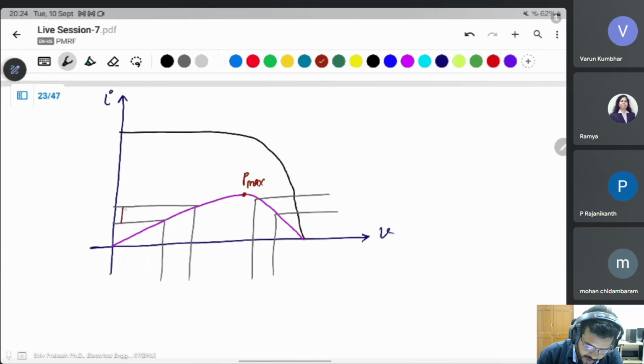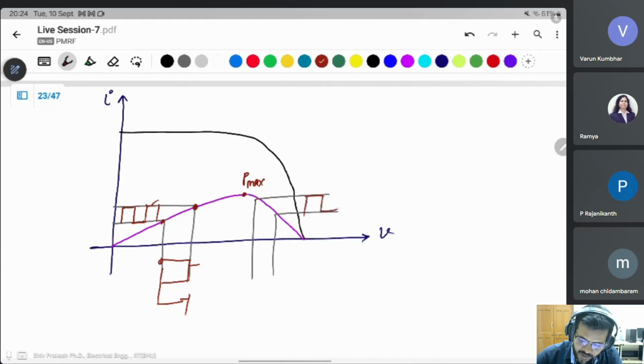If the current is flowing like that, on off, at that current the power is this one, at that current the power is this one. Same thing on the voltage side also. At that voltage this is the power, at this voltage this is the power.